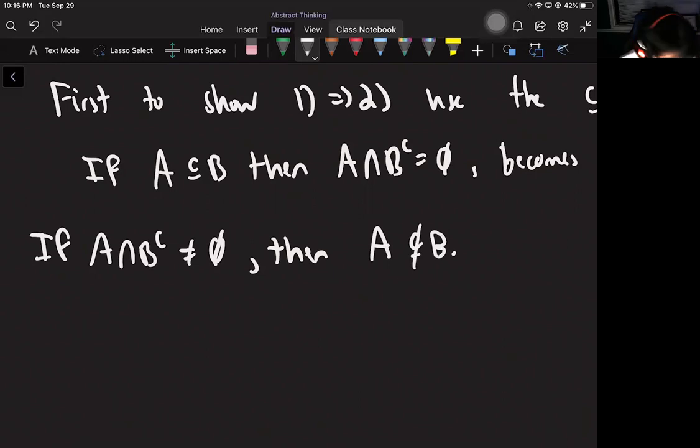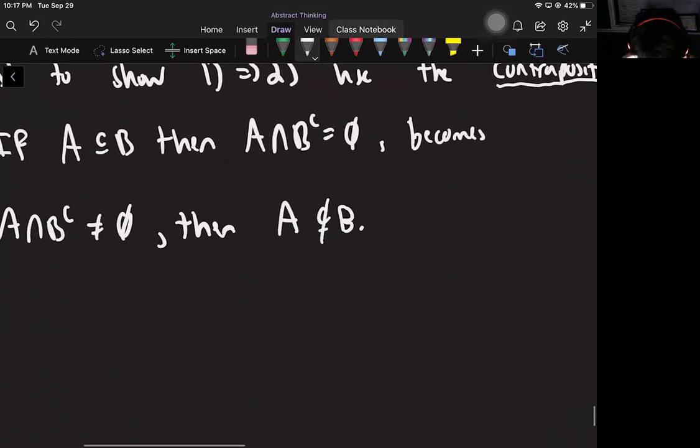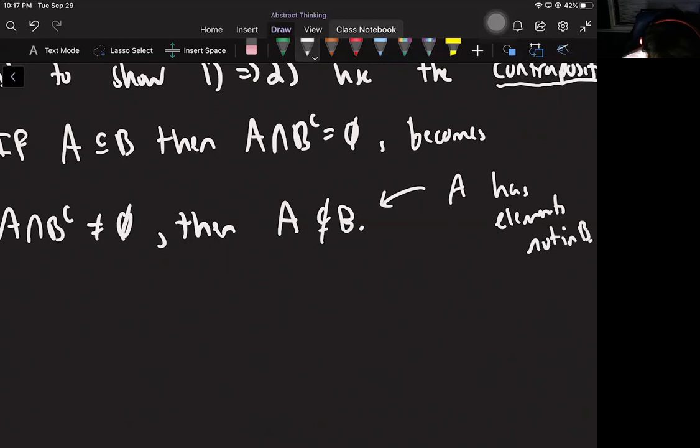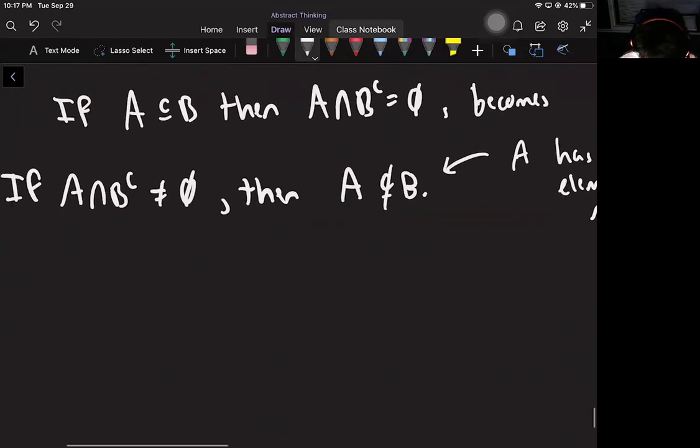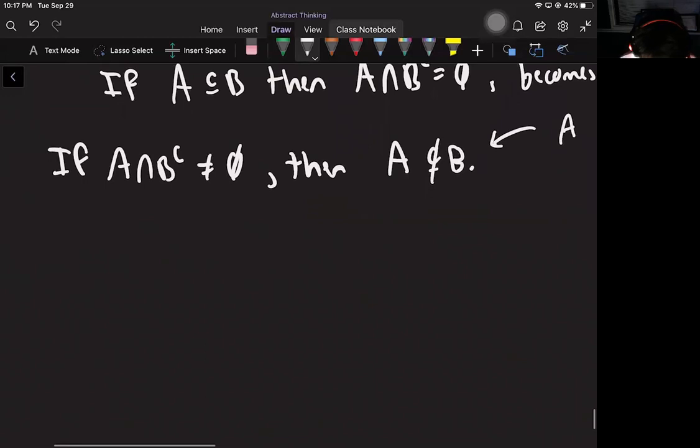Now, I haven't really defined what it means for A to not be a subset of B, but it's not so bad to think about. It just means that A's got some stuff that's not in B. And hopefully that's going to be easy to show. All right, so how can I get from the if to the then? Well, we just write what things mean.